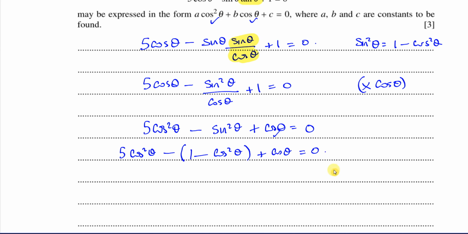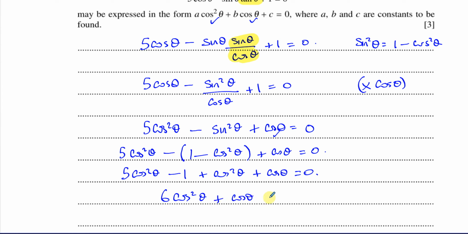Okay, so now when we expand this bracket, be careful of the signs. So you have 5 cosine squared theta minus 1 plus cosine squared theta plus cosine theta equals 0. And so we're almost there. You've got 5 cosine squared theta plus cosine squared theta, which is 6 cosine squared theta, plus cosine theta minus 1 equals 0.